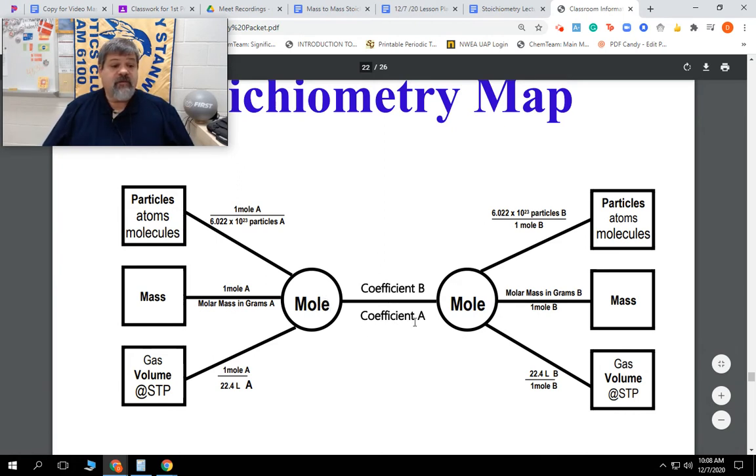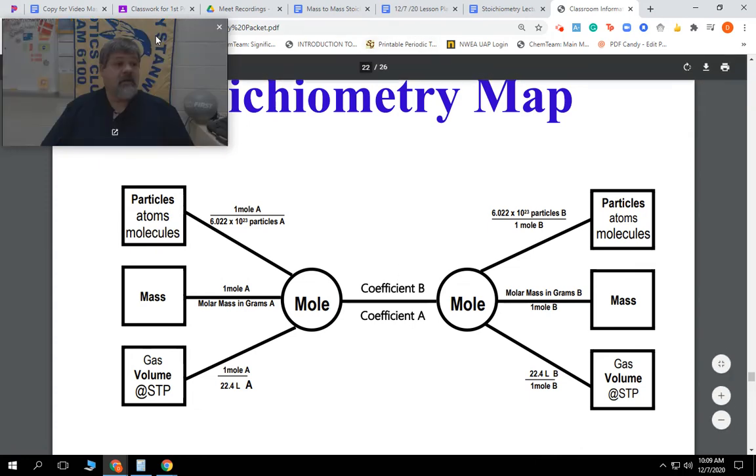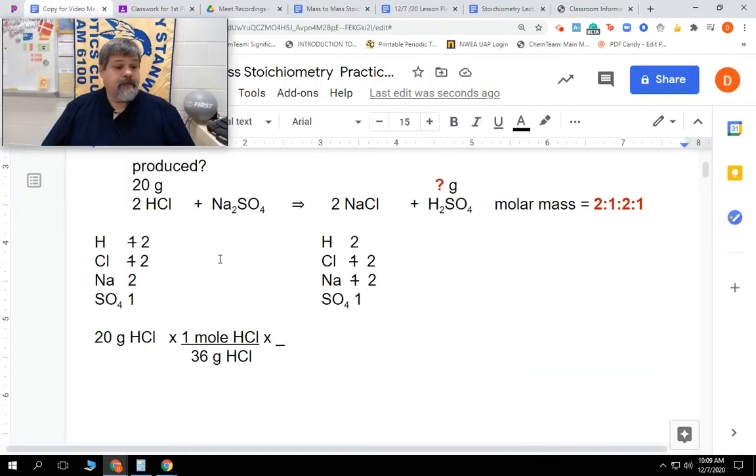We'll put our moles of hydrochloric acid on the bottom, and moles of sulfuric acid on top. So we're going to go back to our problem, and we're going to get our moles of hydrochloric acid right here. I have 2 moles of hydrochloric acid equals 1 mole of sulfuric acid.